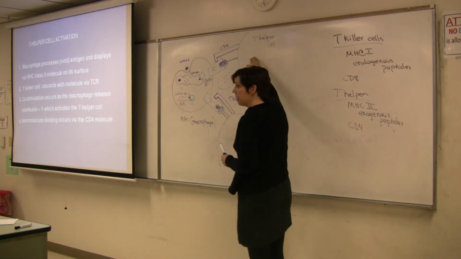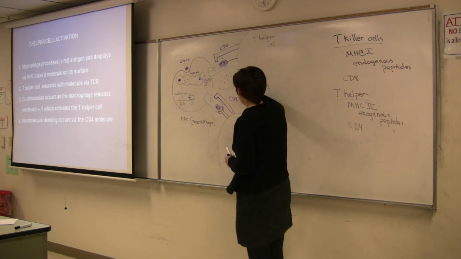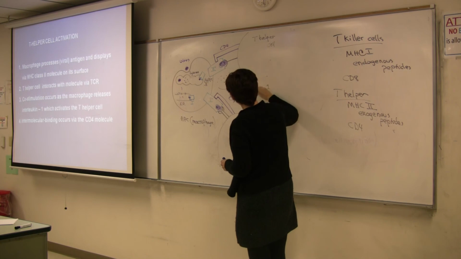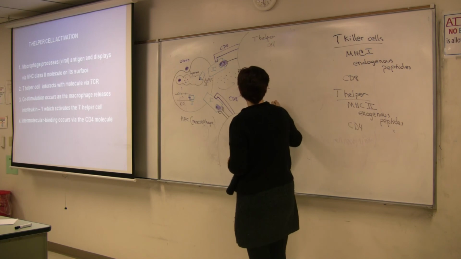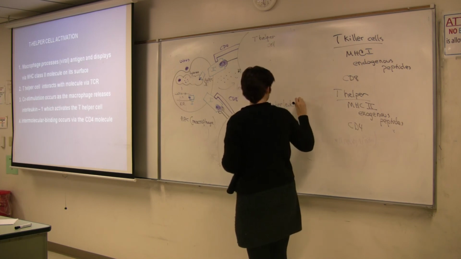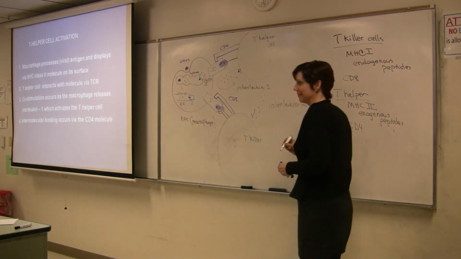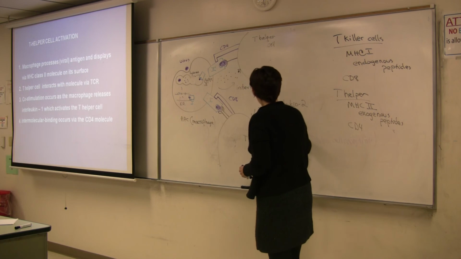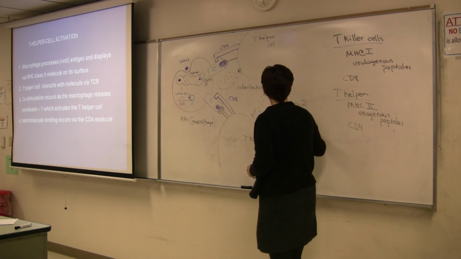The T helper cell, now that it's been activated by interleukin 1, while it's next to the T killer cell, will release chemicals that activate the T killer cell, known as interleukin 2. At least this is a numerical sequence. And the interleukin 2 activates the T killer cell.